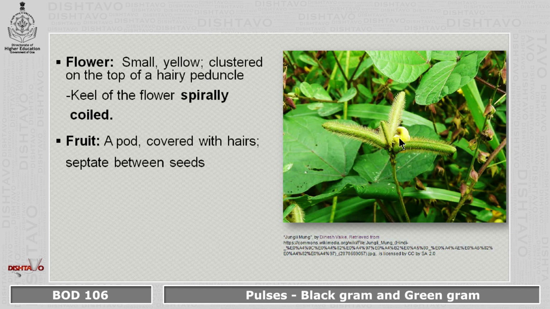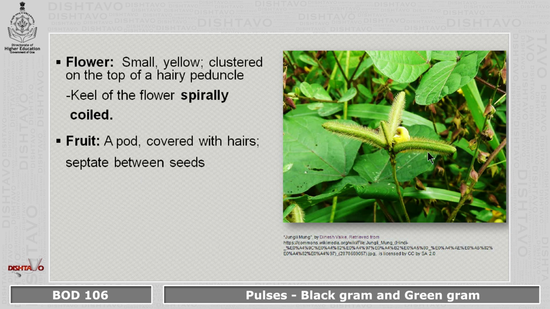And very characteristic of these flowers, you will find that the keel petal of the flower is spirally arranged or spirally coiled, you can say. So I will show you the image in the next slide. And the fruit, here you can see fruits are hairy in nature and they are septate between the seeds. There will be a wall in between the seeds.